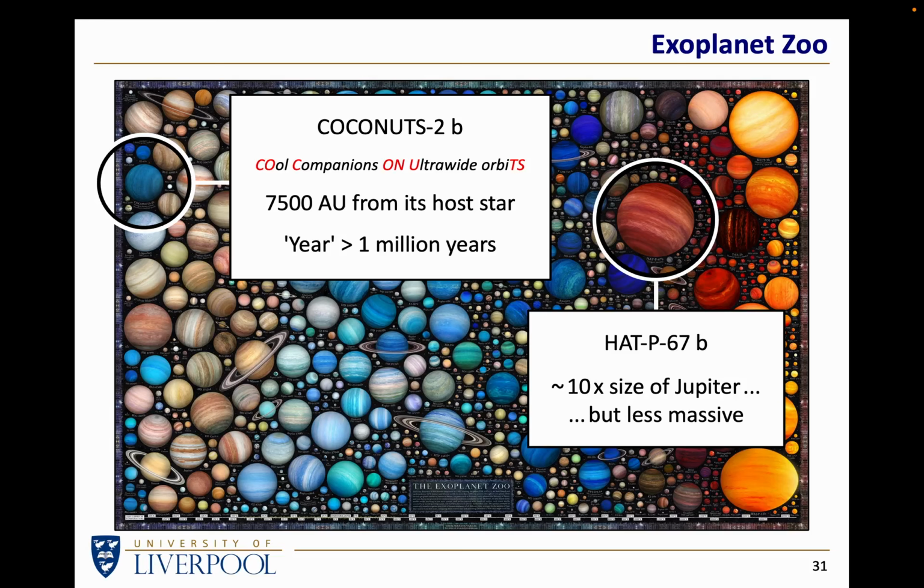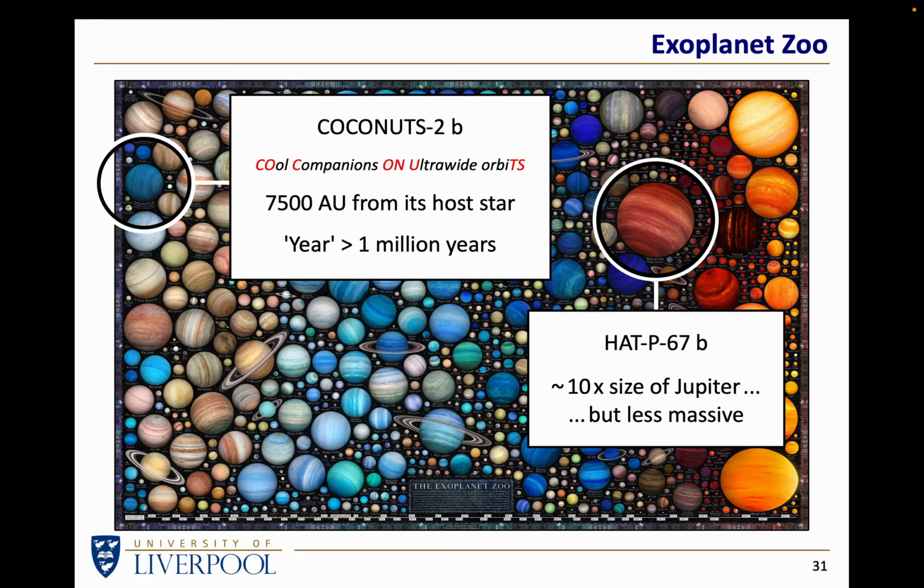This one is orbiting 7,500 astronomical units from its host star. Remember, 1 astronomical unit is the distance from the Earth to the Sun. So in our solar system, this would be equivalent to a planet orbiting 7,500 times further away from the Sun than our own Earth. So our Earth takes 1 year to go round the Sun.